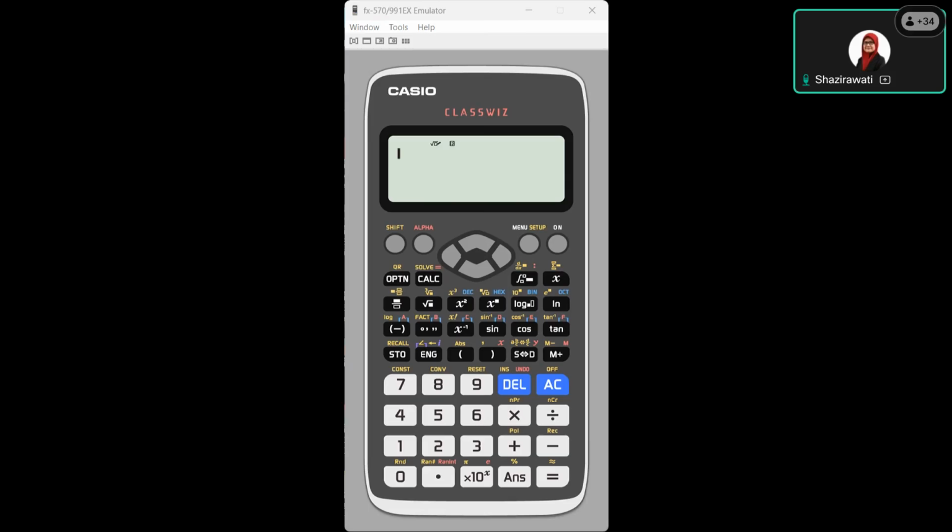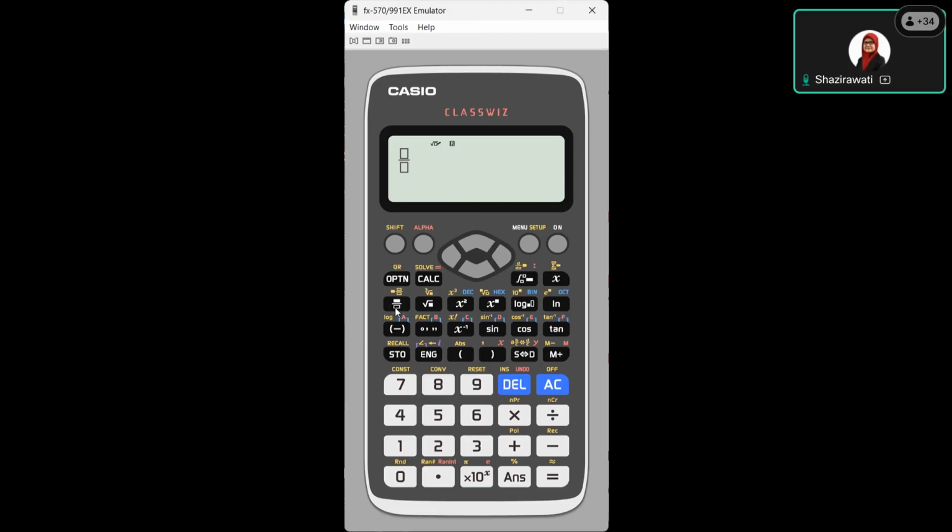So you refer to your notes tadi kita nak store equation yang pertama. Okay, so formula yang pertama adalah negative 2 tadi.